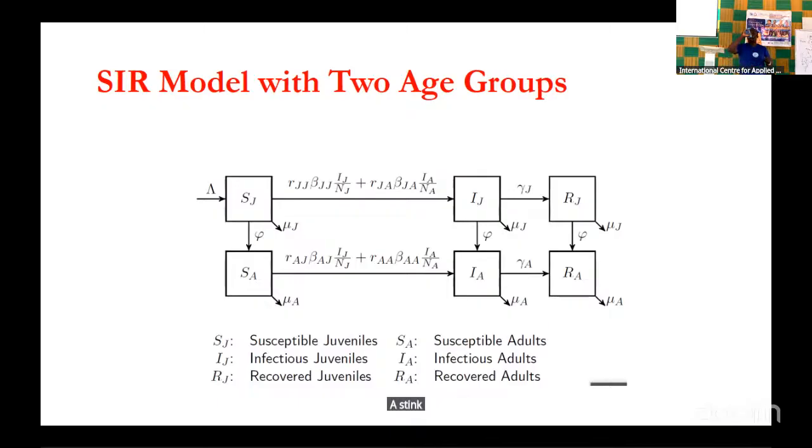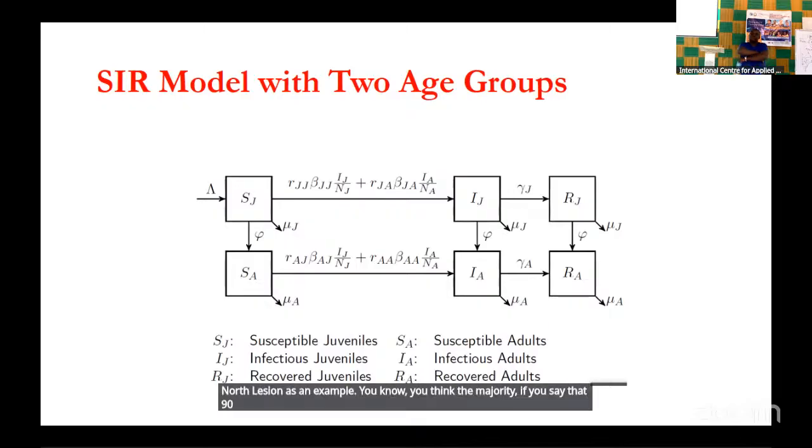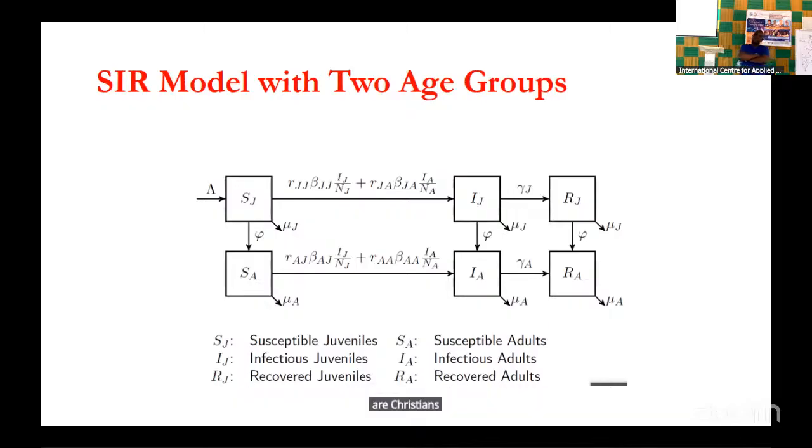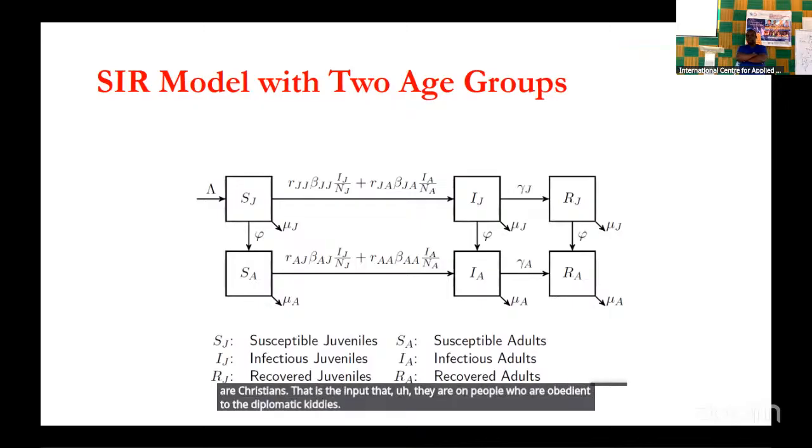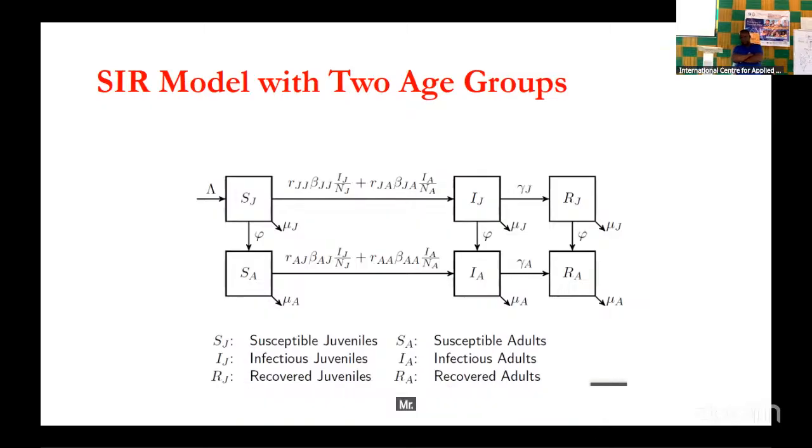Okay, so I was thinking every model has an assumption, and in a stable population, I'm using a Christian population as an example. If we say that 90% of the population are Christians, that they are obedient to the biblical teachings, that means even if Mr. A is not obedient, but by the time he meets Mr. C, who is obedient, Mr. A is a womanizer, and he meets Mr. C, which is a lady that is obedient to the doctrine, there will be no effective contact.